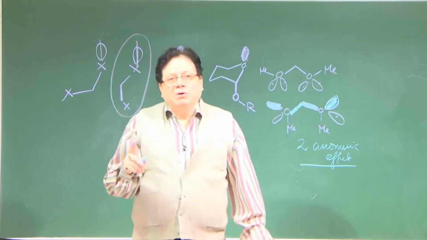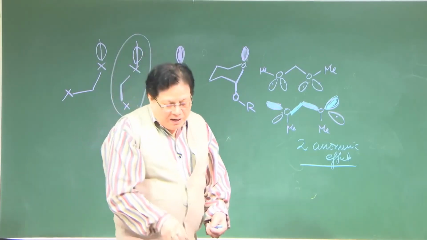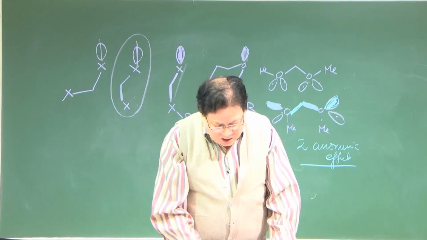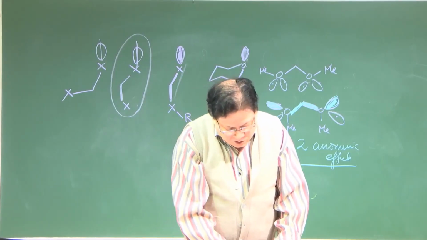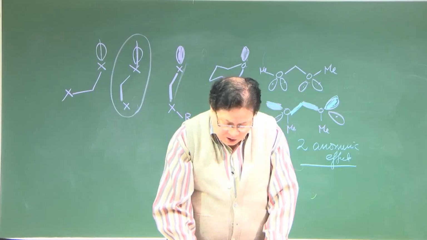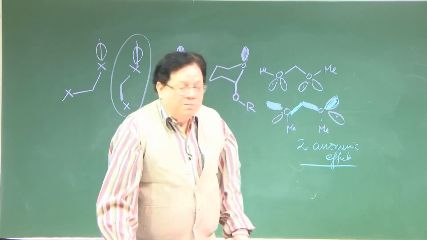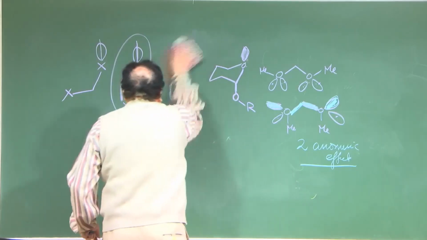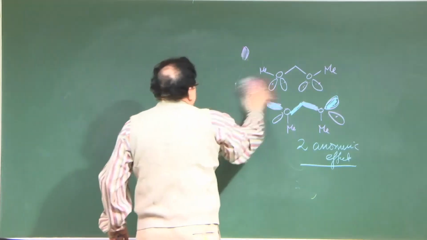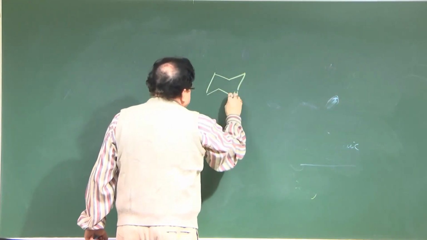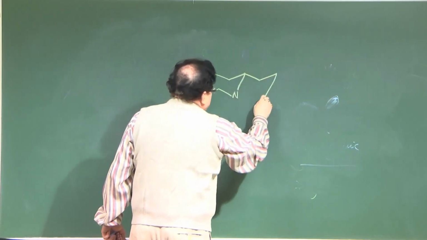So, this concept, we can do one problem. I think that will clarify the number of anomeric effects that are present in a molecule. Let me try to find the system. There is one molecule which is a fusion of a pyridine and something which is called an oxane.